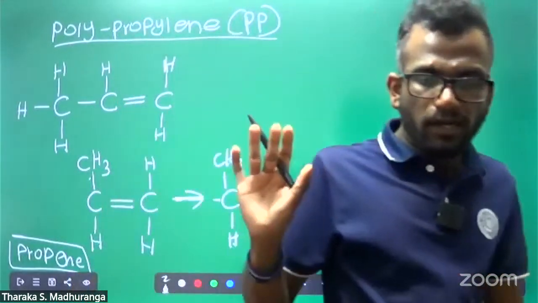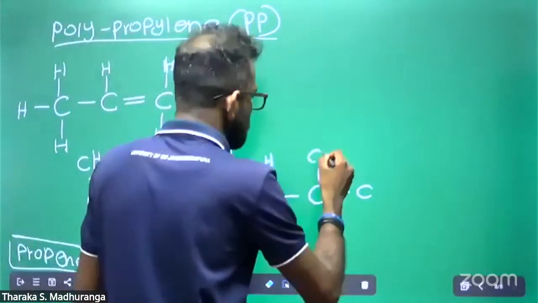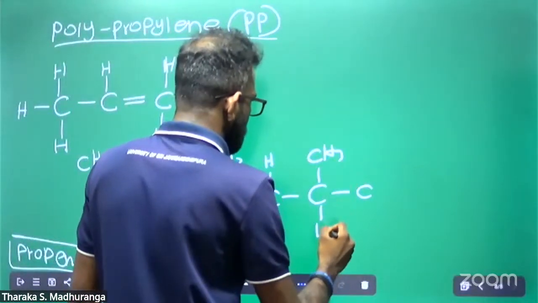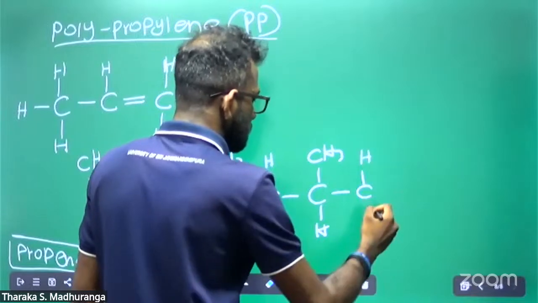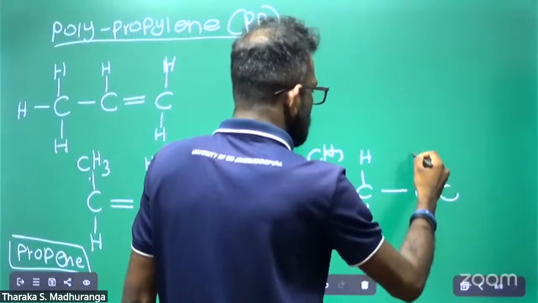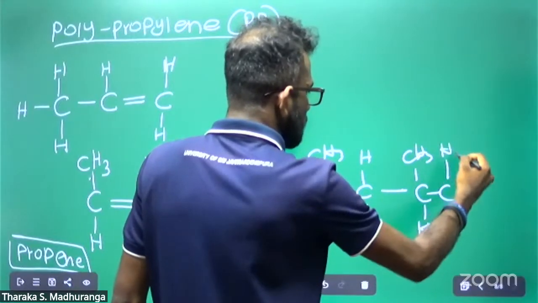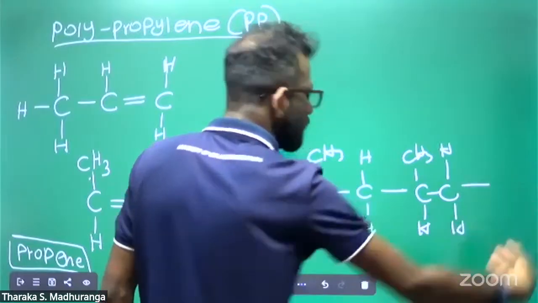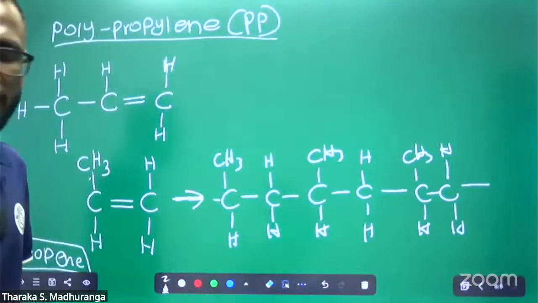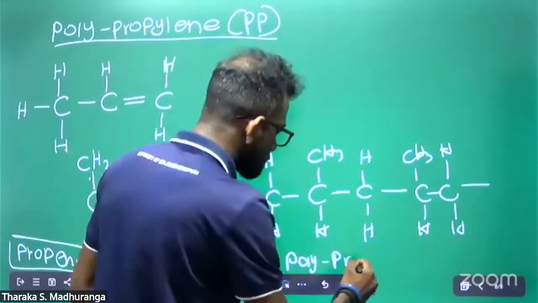No other monomer, only propene: CH3, hydrogen, hydrogen, hydrogen, again and again the same. That is addition polymerization. That's polypropylene.